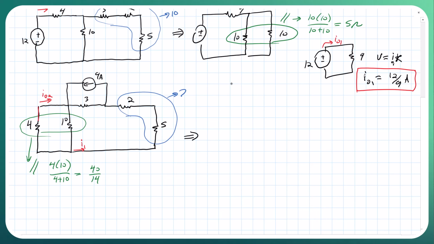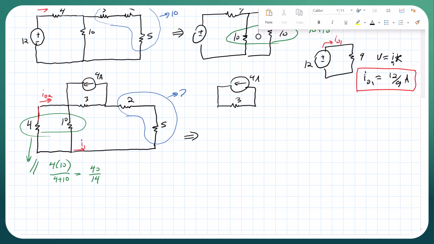So again, I'm going to draw my 4 amps, 3 ohms here. Okay, and then what we can do is say, well, we have, so we said this was 40 over 14, this was 7.